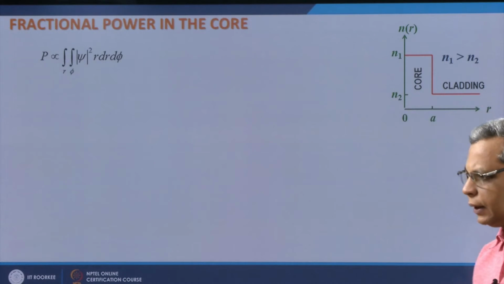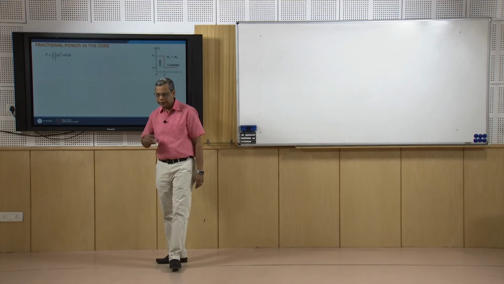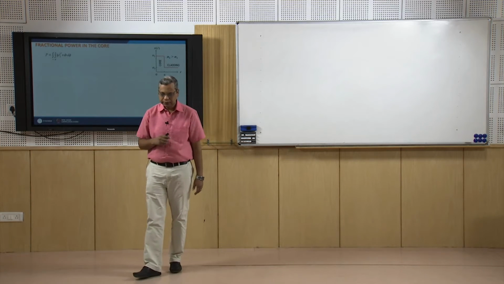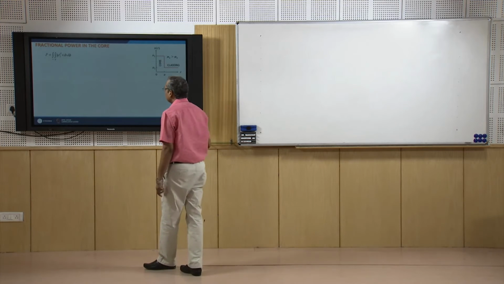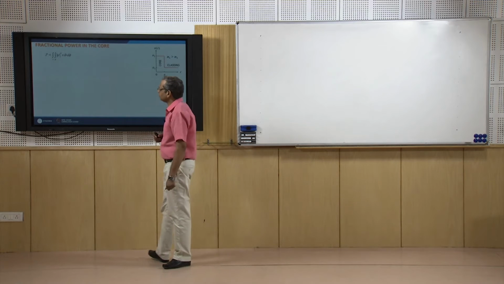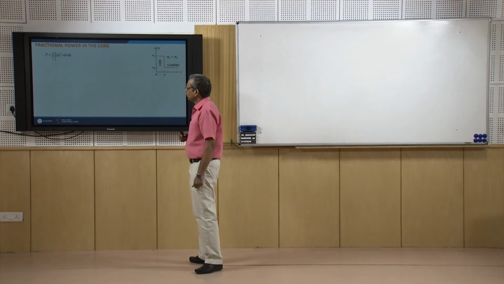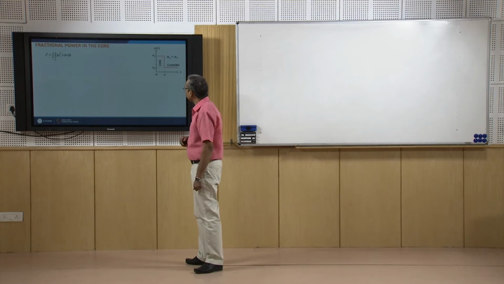field, then the power is proportional to the electric field square integrated over the entire transverse cross section. So, if psi is the modal field, then the power would be proportional to integral over r phi mod psi square r dr d phi.